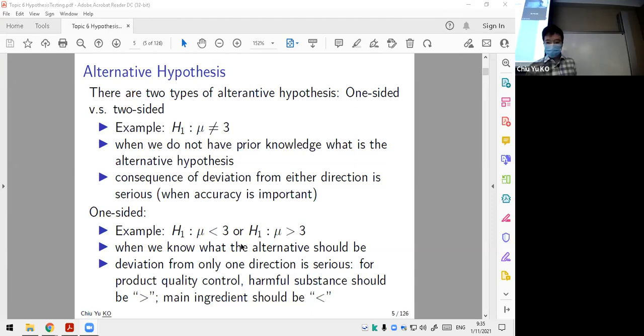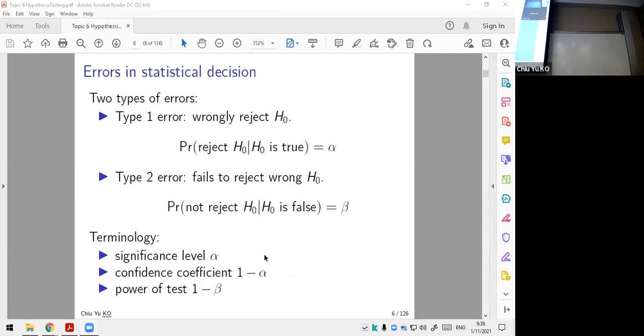Okay, so just to remind you the type 1 error and type 2 error, regardless of what you do, okay, even away from hypothesis testing, whatever statistical decision you make always involves 2 errors. One is type 1 error, one is type 2 error. Type 1 error is, given the null is correct, you still make the wrong decision because of sampling error. And type 2 error is the null is wrong, but you do not reject.